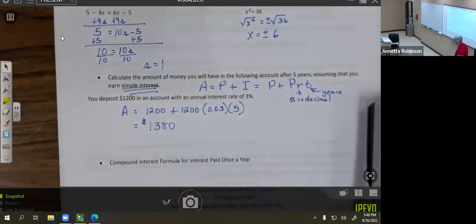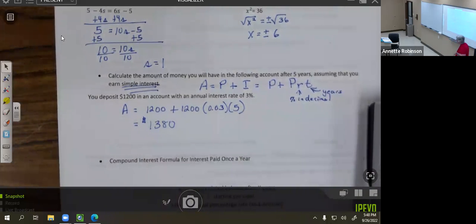So you've gone in the bank, you gave them $1,200. This bank is being very good because good luck trying to find a savings account at 3%. They're like point something there. And in 5 years, you go back to the bank and they'll give you 1,380. Now, what you got to remember though, 1,200, that was your own money. The bank only gave you $180 for having your money for 5 years for them to use in loans.